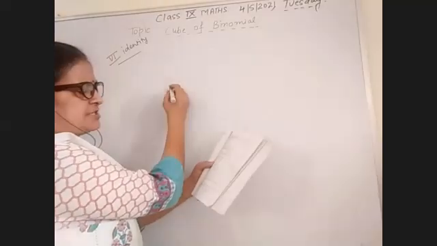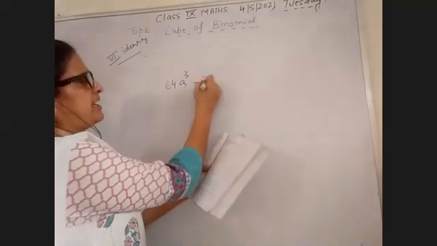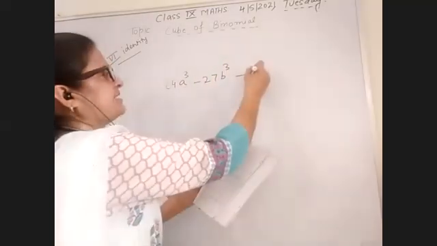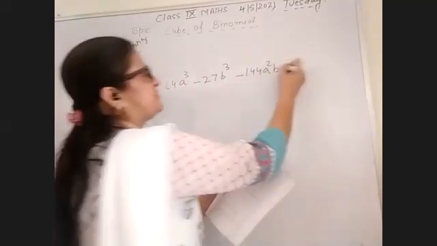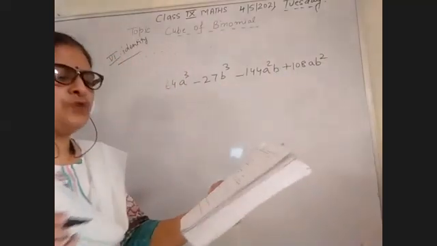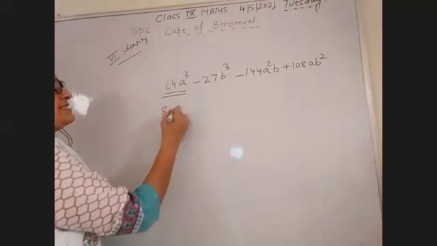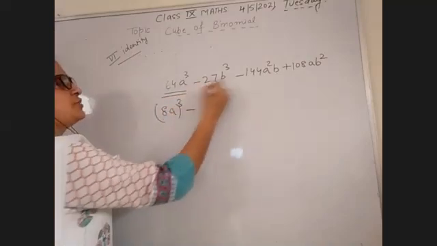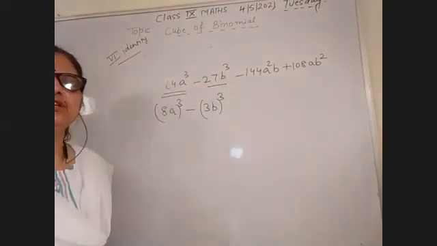One more question I am taking, 64a cube minus 27b cube minus 144a square b plus 108ab square. How will you solve this question? 64a cube is equal to 4a whole cube, and 27b cube is equal to 3b whole cube.